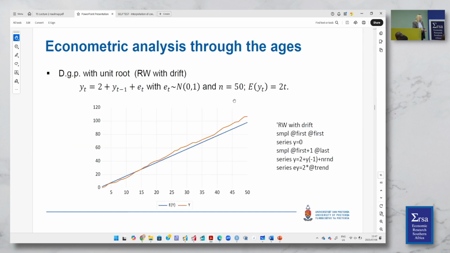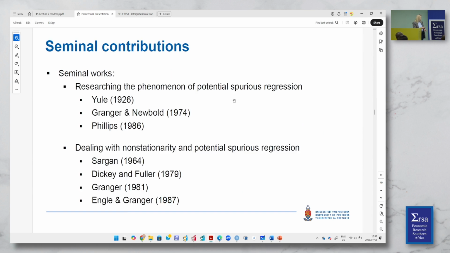And if you go to the Nobel Prize page, when Robert Engle and Clive Granger received the Nobel Prize in 2003, it will say for their contribution in helping understand the impact of non-stationarity in data analysis. There are a few highlights over time that helped us to understand things increasingly better.